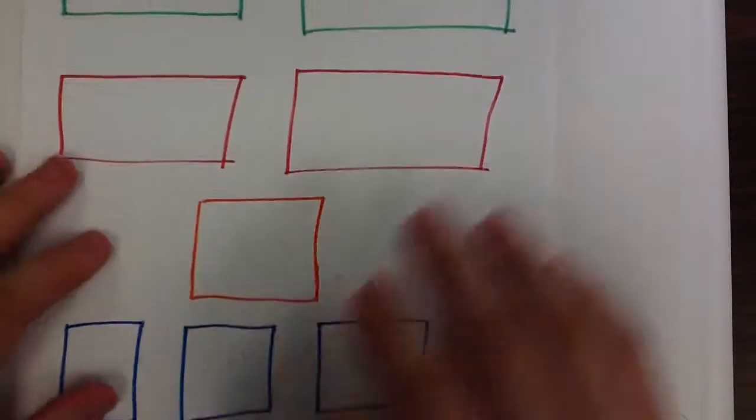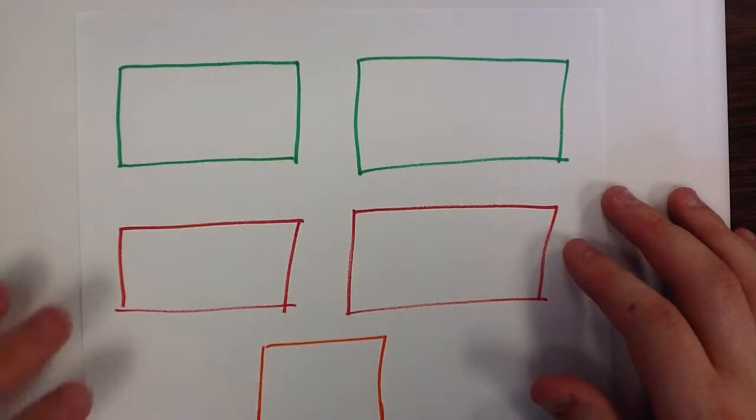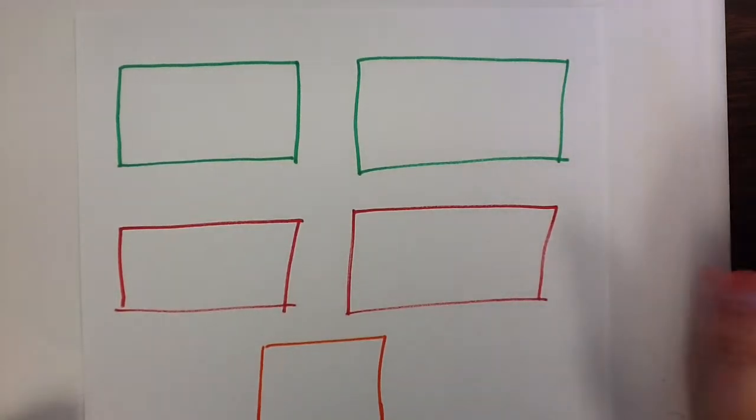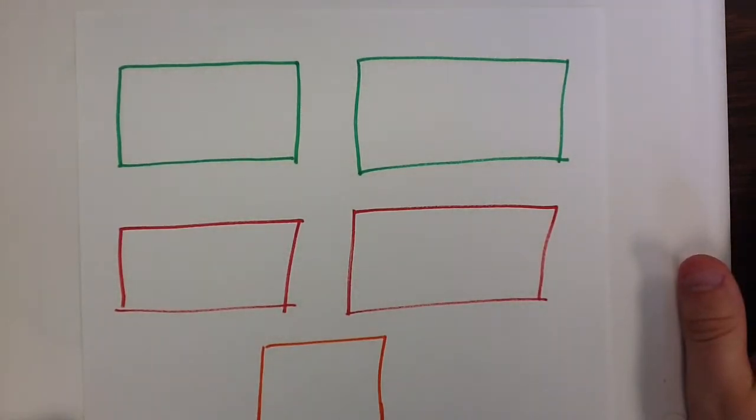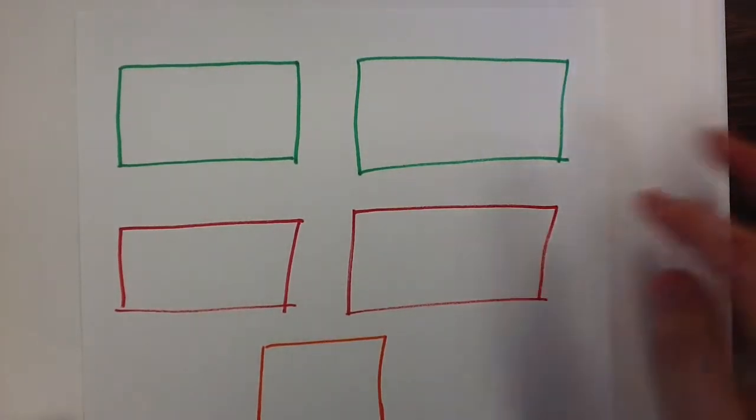I drew a little diagram and color-coded it to help you visualize the room. There are 4 walls. 2 walls have the same length, and 2 other walls have the same length, but they're different from the first two.